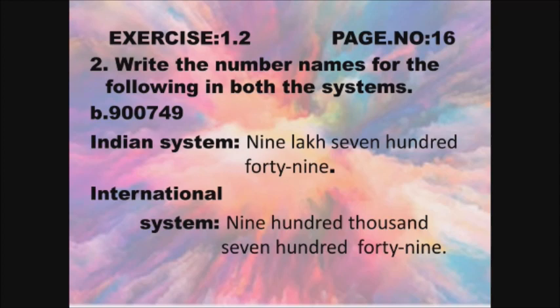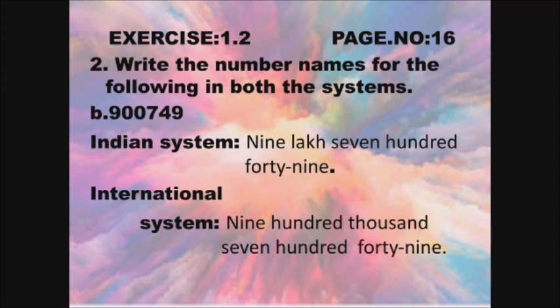Next, see exercise 1.2, page number 16, second sum. Write the number names for the following in both the systems. So here they have given some numbers 9, 0, 0, 7, 4, 9. So we have to write Indian system and international system number names. First we can write Indian system.